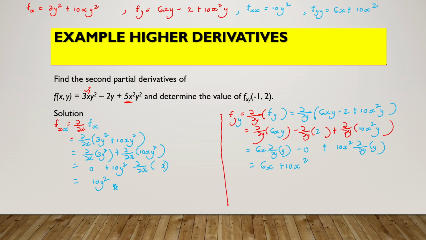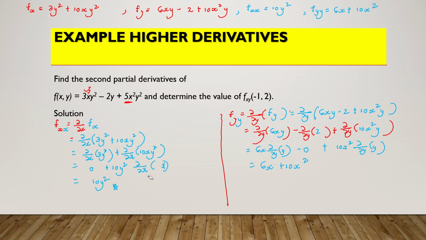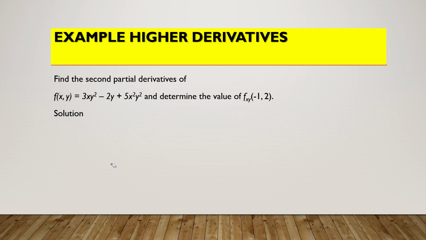Later on, if we want to find fxy, it's actually ∂/∂y of fx. Meaning from fx here, differentiate with respect to y. Okay, so here I have got to erase. Everything is gone, never mind.